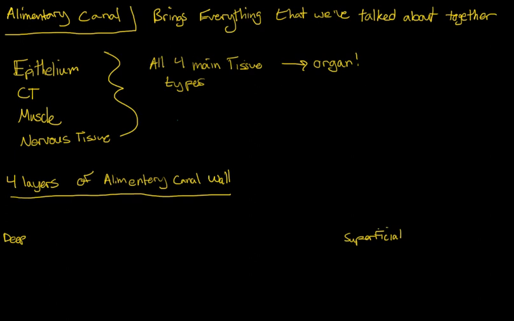First off, there's going to be four layers of the alimentary canal wall. From deep to superficial, they're the mucosa, the submucosa, the muscularis externa, and the serosa.